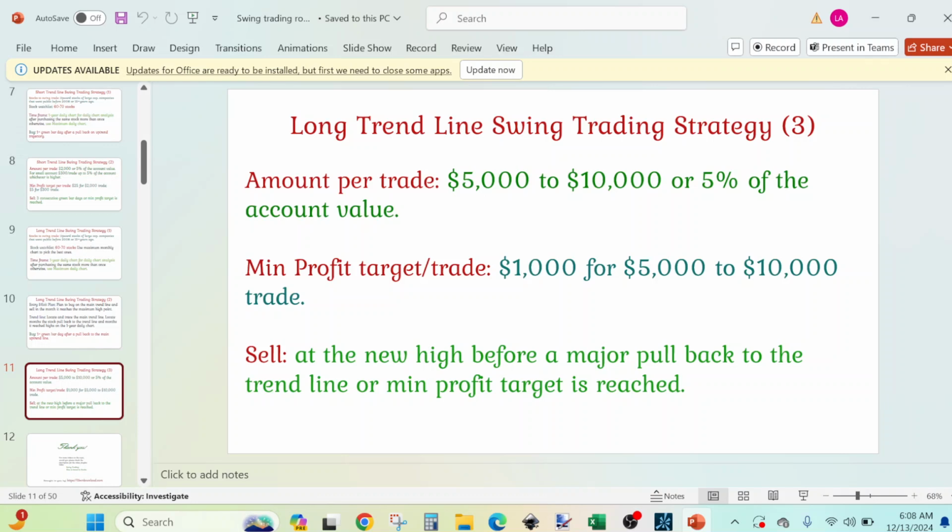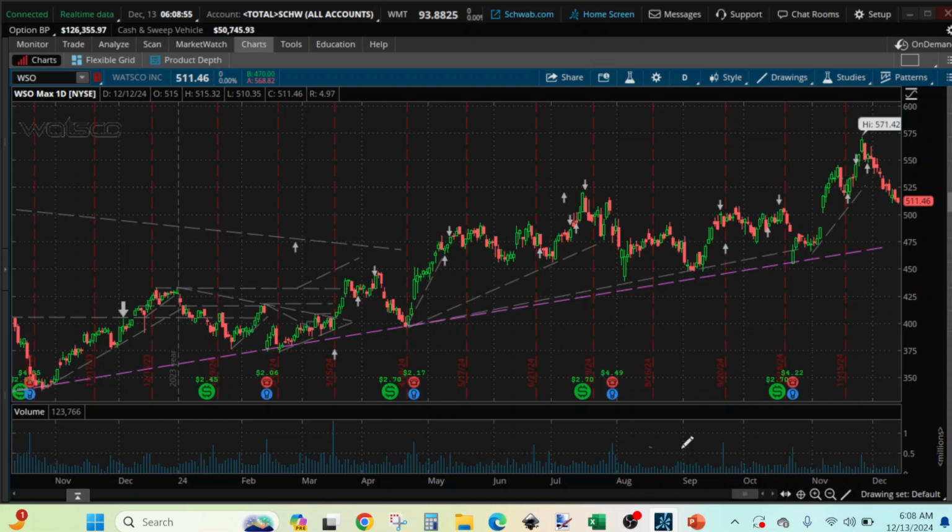And how do we determine where the minimum profit will reach? We just use the previous profits. We use the time frame. You can either use where you are buying it and the high right close to it to do the calculation.